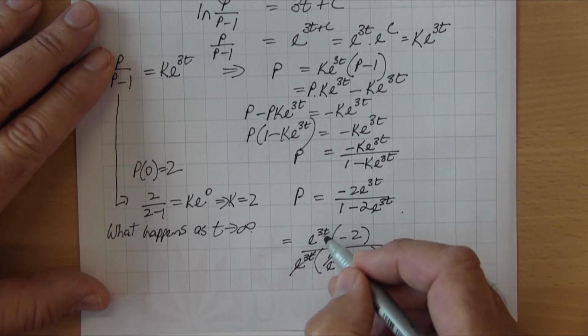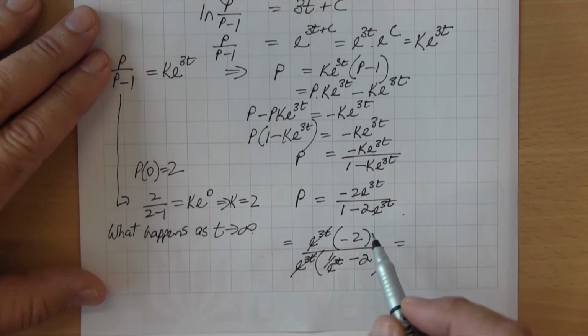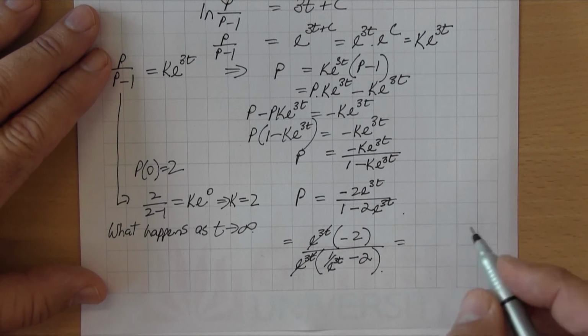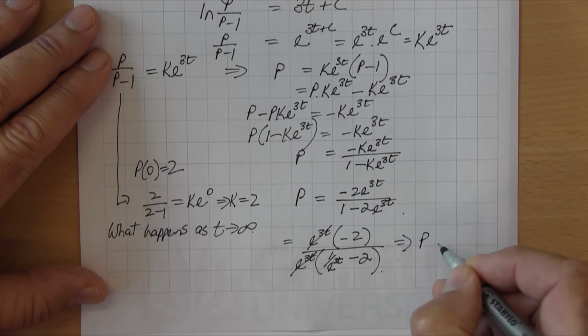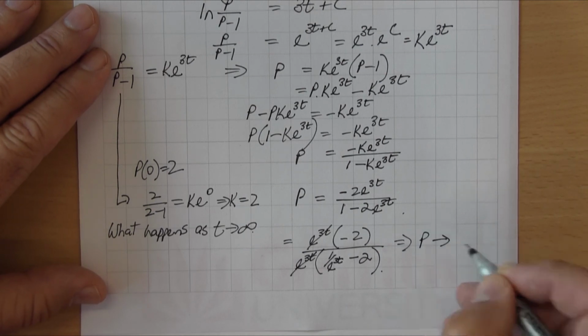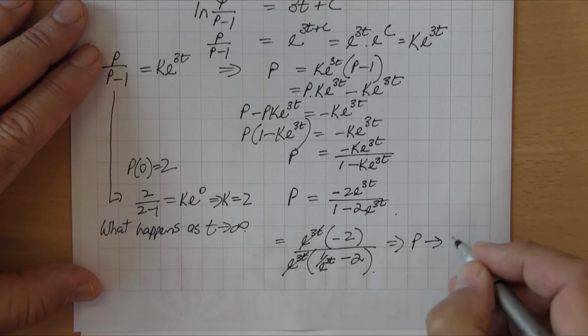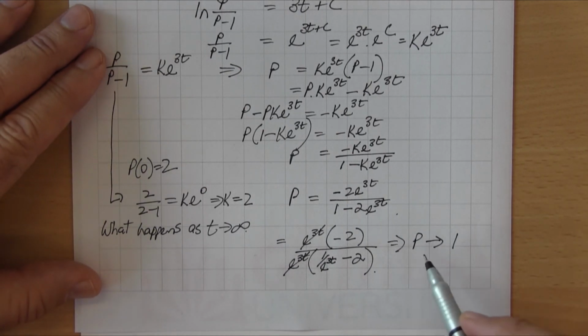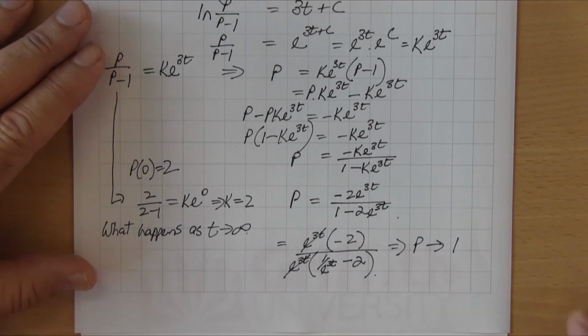Now we can cancel those down. As t approaches infinity, 1 over e to the 3t, e to a very large number, is going to be very small, so all that's going to go to 0. So P is going to approach negative 2 over negative 2, which is just equal to 1. In the long term, P approaches 1 as t approaches infinity.